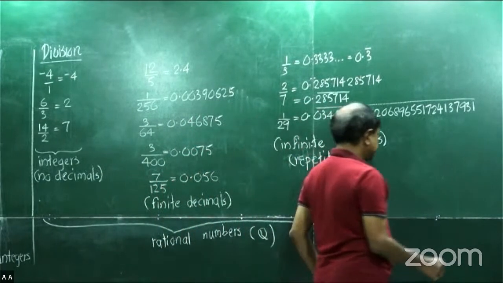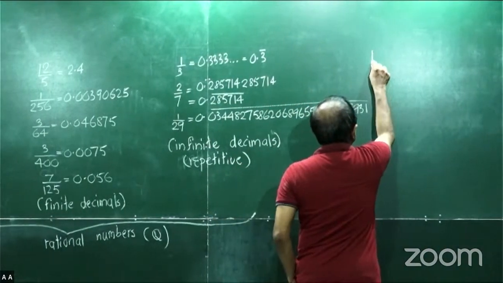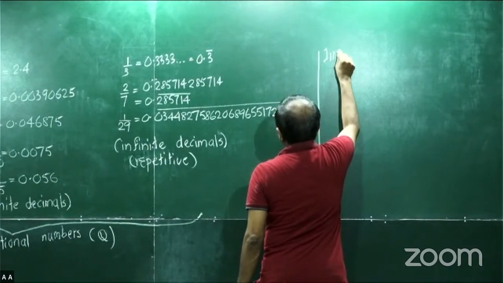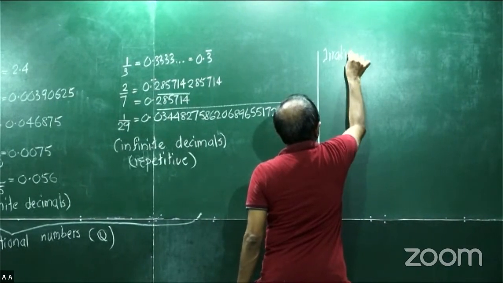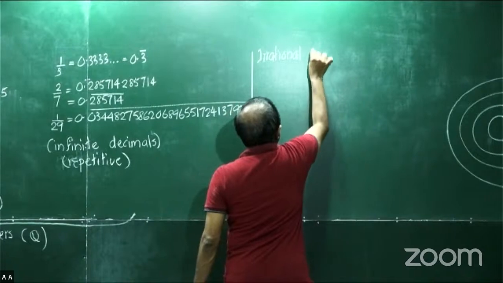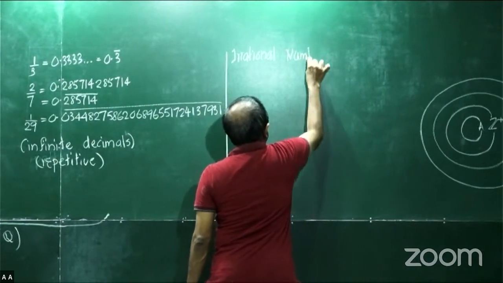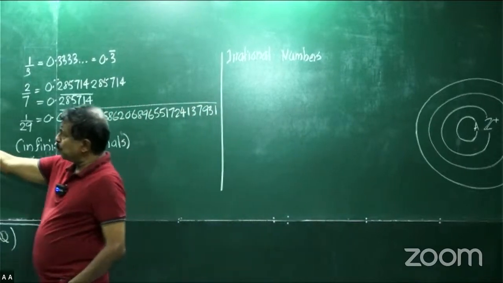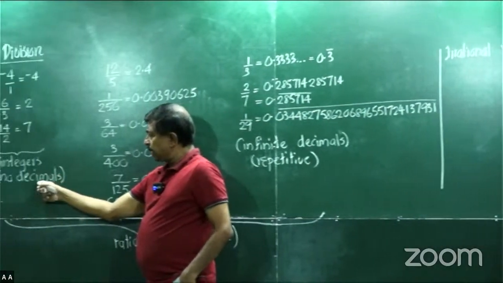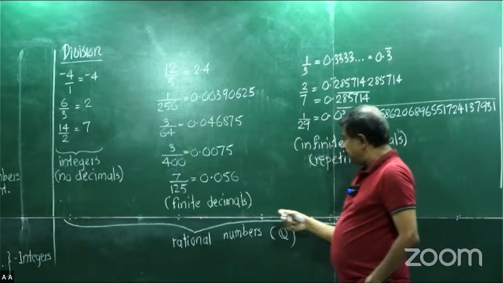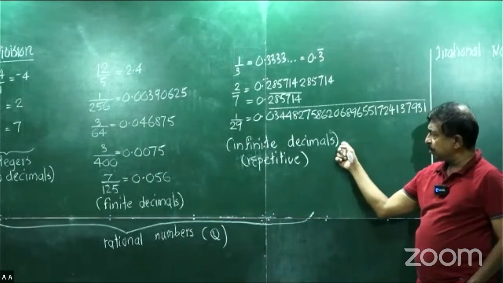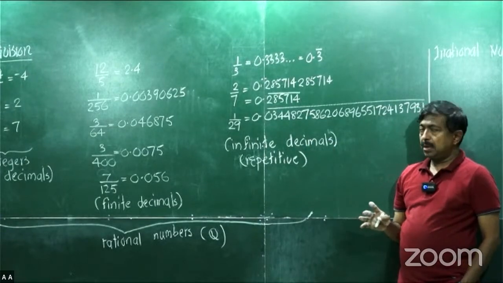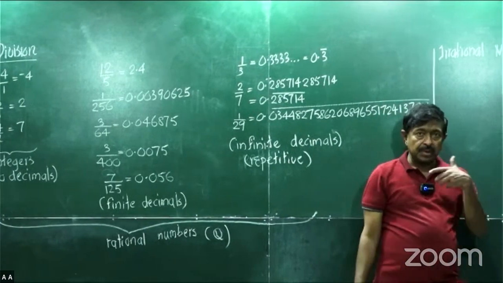These are the numbers of that sort. If you have a ratio of integers, either you can have no decimals or finite decimals. The third type is infinite decimals with pattern, with repetition.